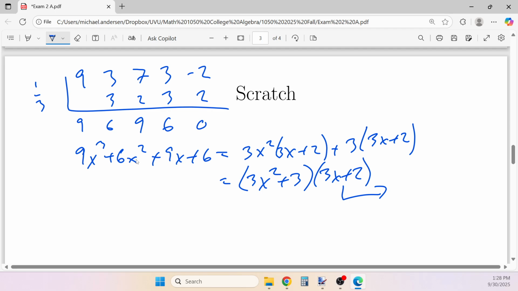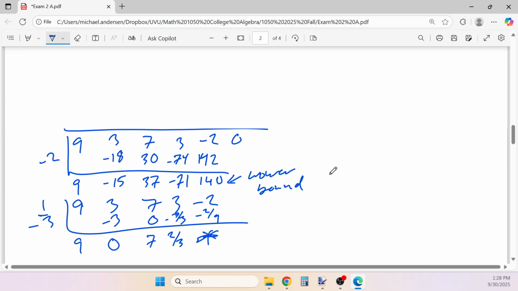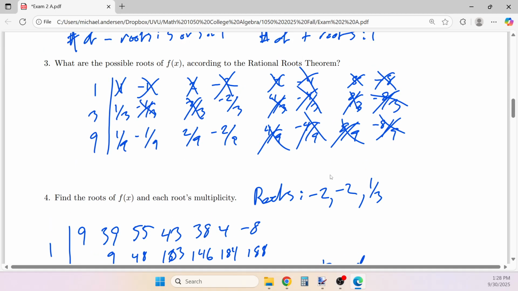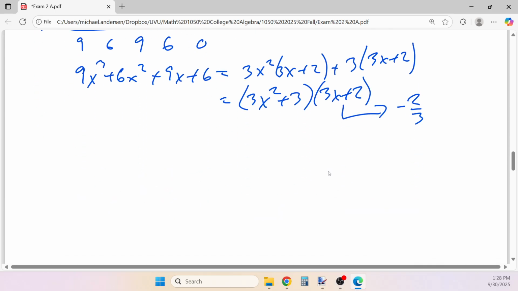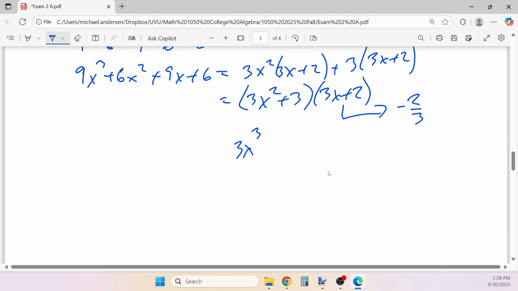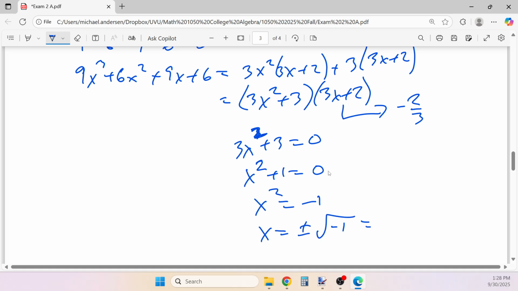This one has a factor of -2/3. Set it equal to 0, so we write that up in our list. This one here we set equal to 0. Divide by 3. Squared plus 1 equals 0. X squared equals -1. X equals plus or minus the square root of -1, which is i, and those are our last two roots.